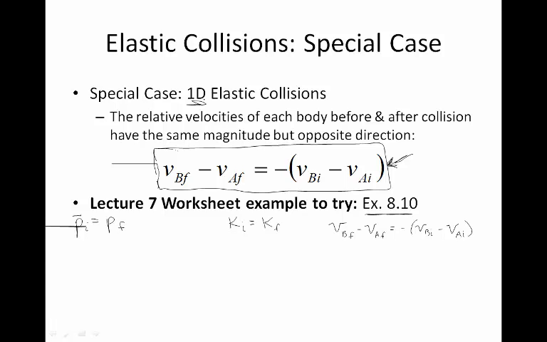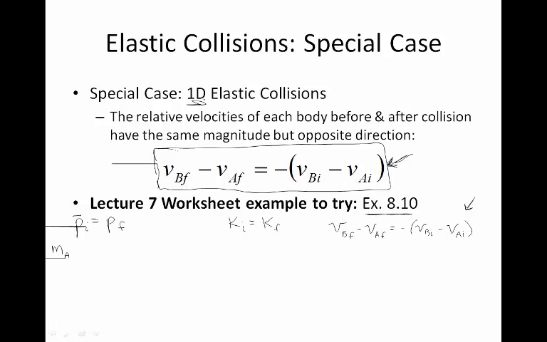So 3 equations, but you can see this equation is a lot easier to deal with. There's just fewer terms, the masses aren't involved, so that can be nice if you're choosing which 2 equations to combine. And you probably want to avoid your kinetic energy equation if you can, because that squared term sometimes leads to quadratic formulas, and that's just a lot of work, and if we can avoid it, then that's good.